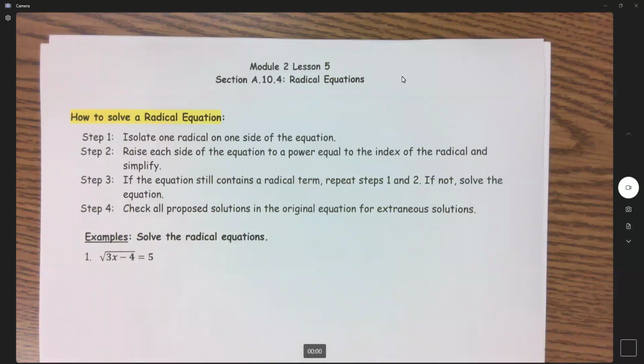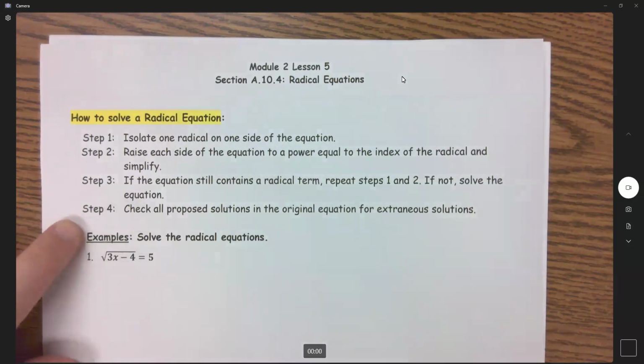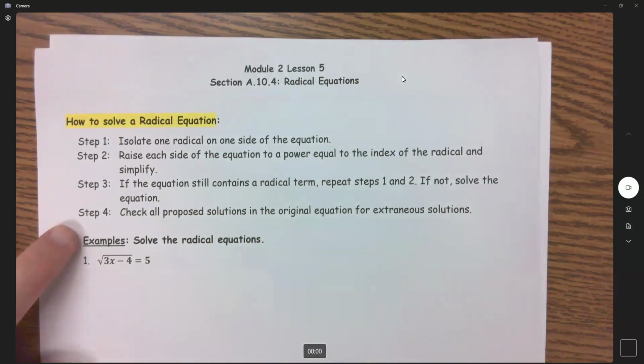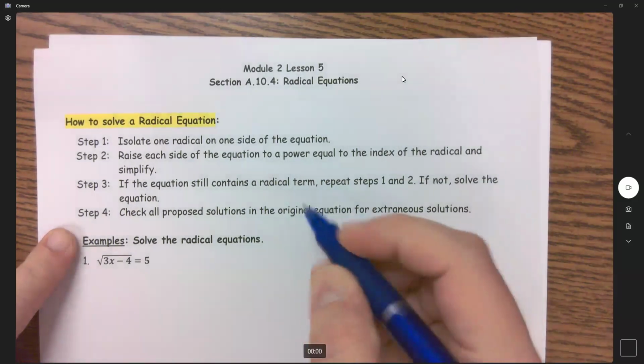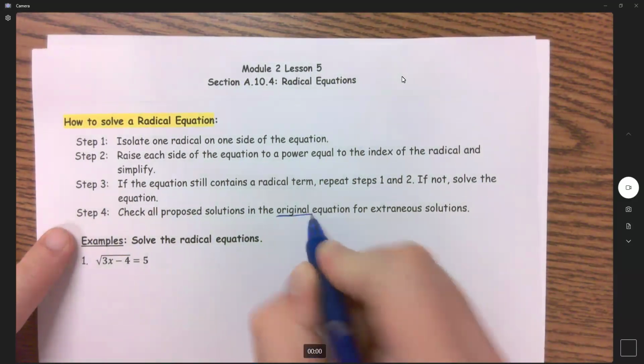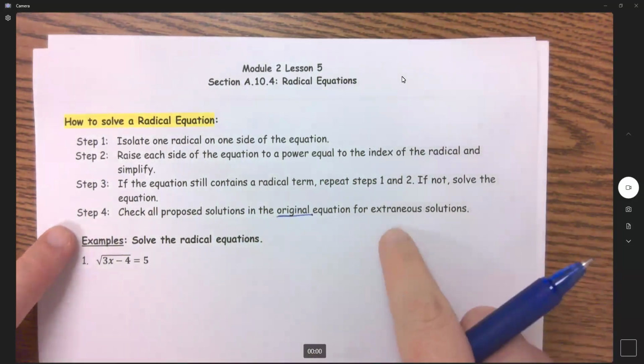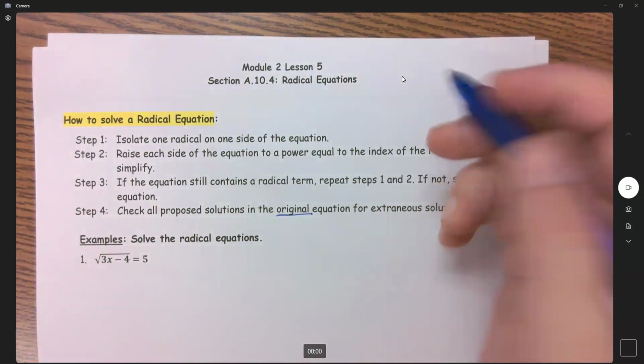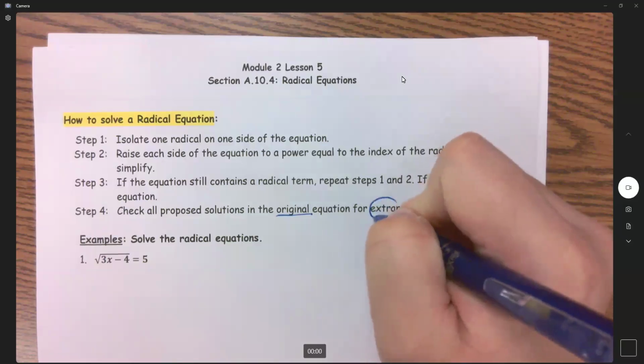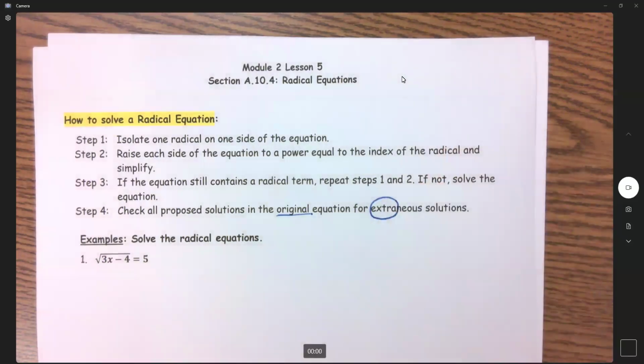A lot of times when your instructions say to check your answer, that's to make sure you did it right. This is a step. You cannot skip it. We're going to check all solutions into the original equation for something called extraneous solutions. So the first part of this word extraneous is extra.